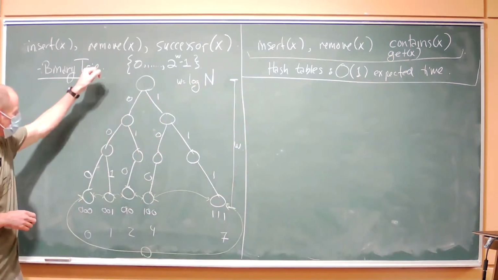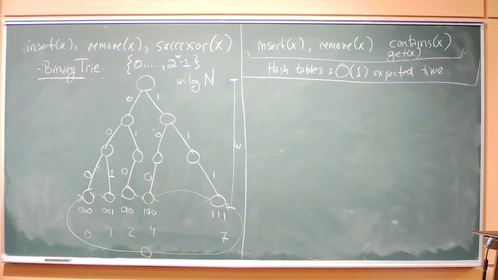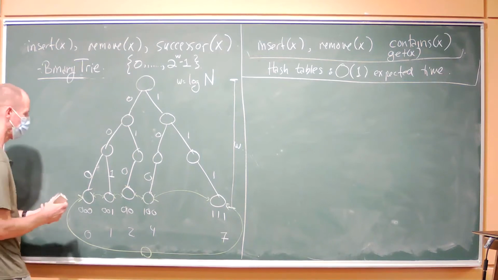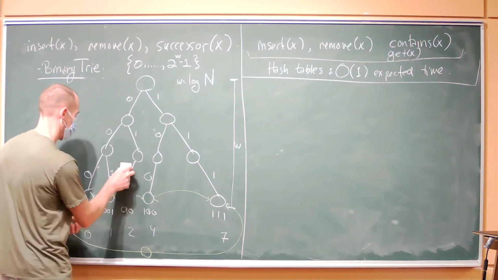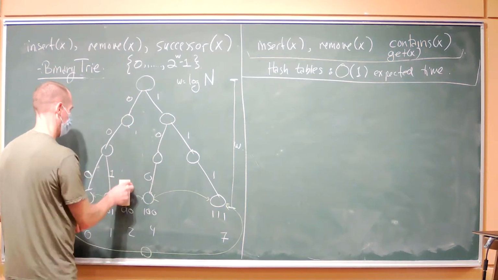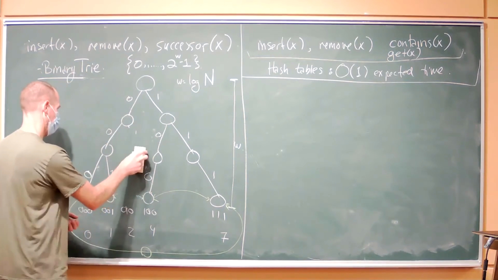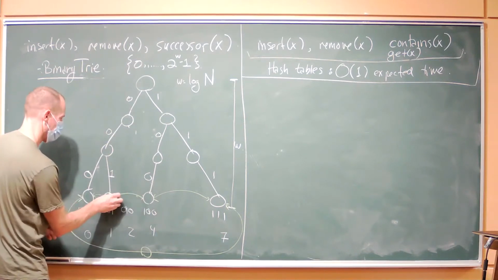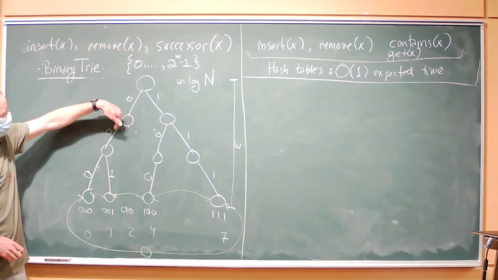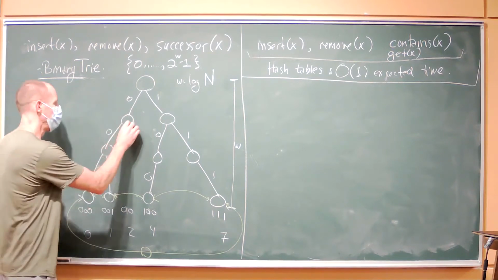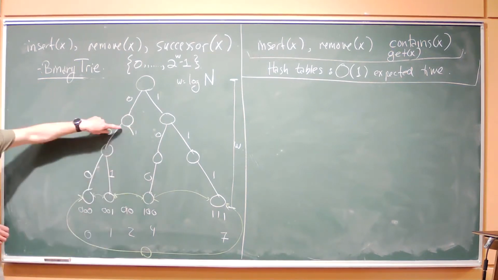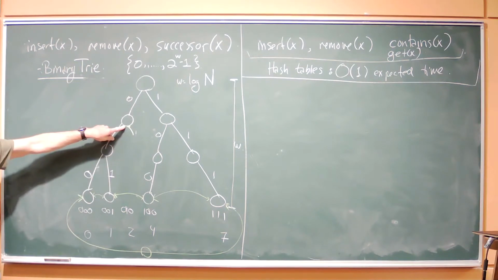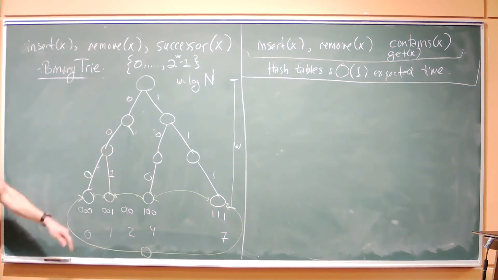at each of these internal nodes, maybe this isn't a great example, so let me erase something from it. At each of these internal nodes, if the node doesn't have two children, we'll do something with the pointer that would have normally been pointing to that other child, the missing child.